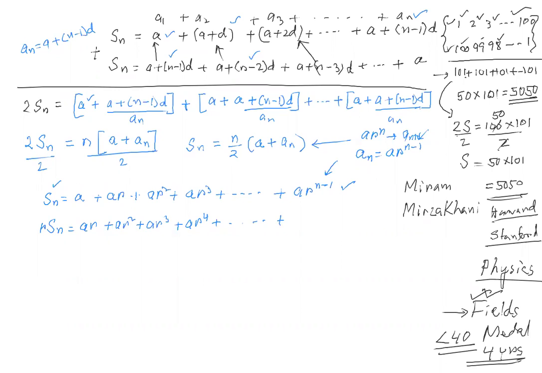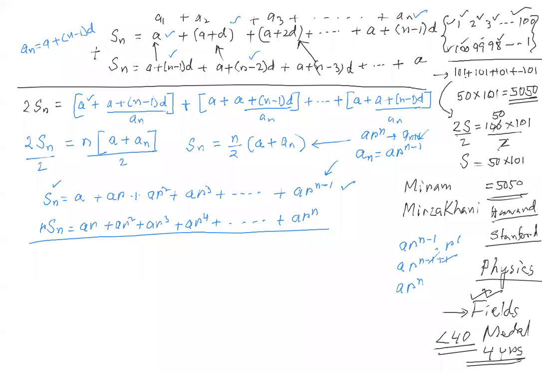The last term is going to be a r to the power n minus 1 times r. That is a r to the power n minus 1 plus 1, because r is the same as r to the power 1. So that's going to give you a r to the power n, because negative 1 and positive 1 cancel out.